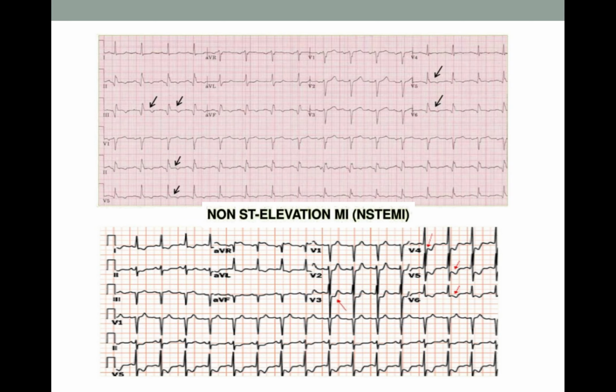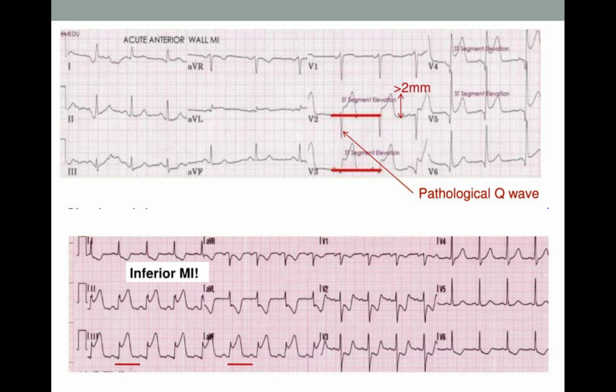You also need to talk about reciprocal changes. ST elevation will occur in a group of leads, and you will have reciprocal changes in different leads. So when looking at it, not just ST elevation, but you also have to look at reciprocals. Hopefully you understand what reciprocals mean.